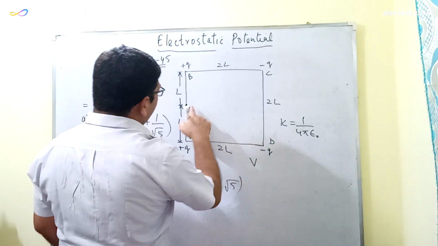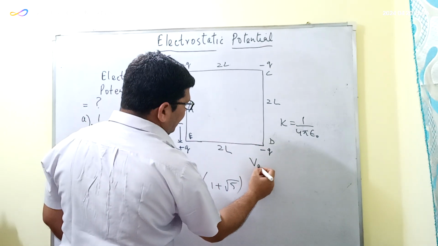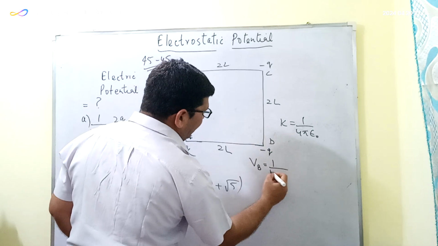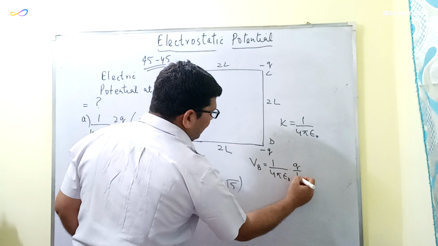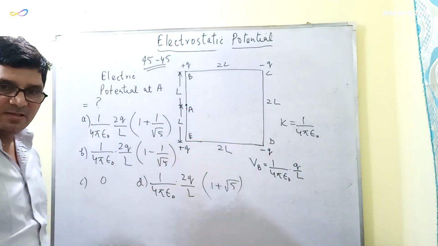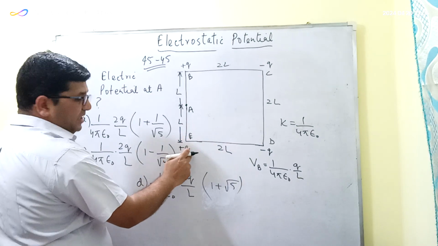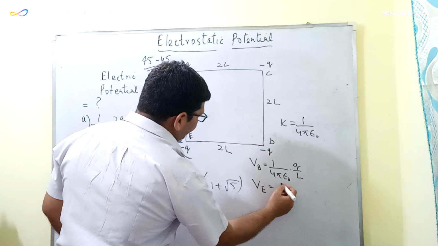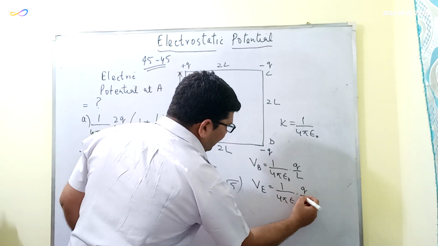So the potential at this point A due to this charge at B, let us denote this potential as VB, will be equal to 1 by 4 pi epsilon naught Q upon L. Yes, sir. Now what will we do? The same for this charge plus Q, let us say this is VE, 1 by 4 pi epsilon naught Q by L.